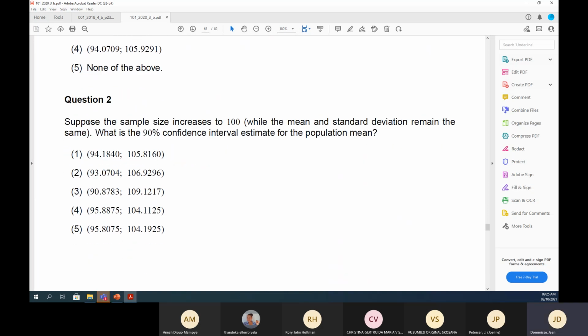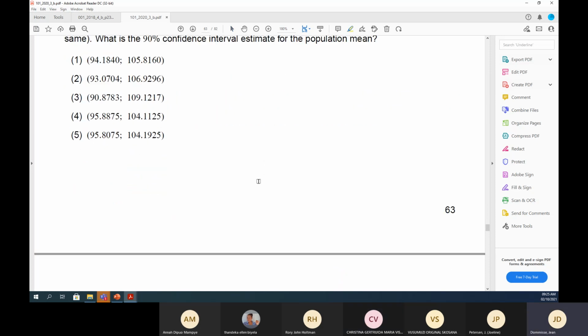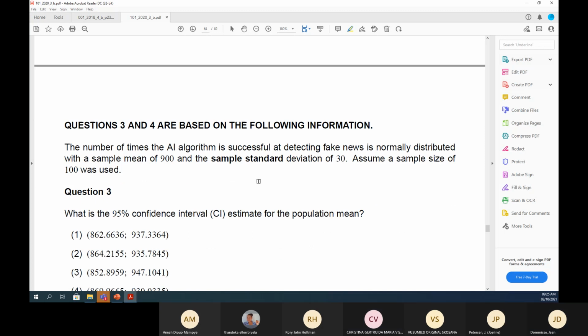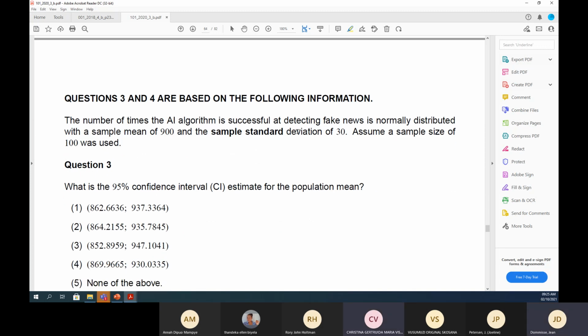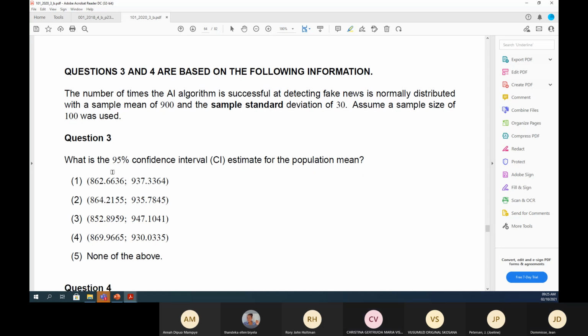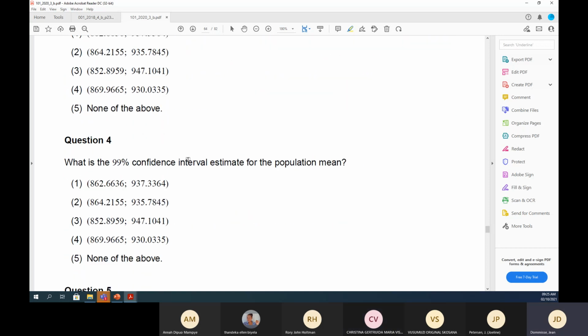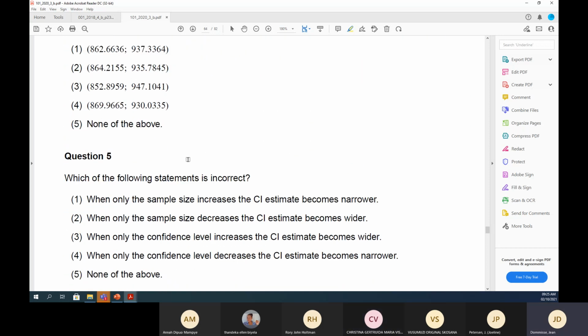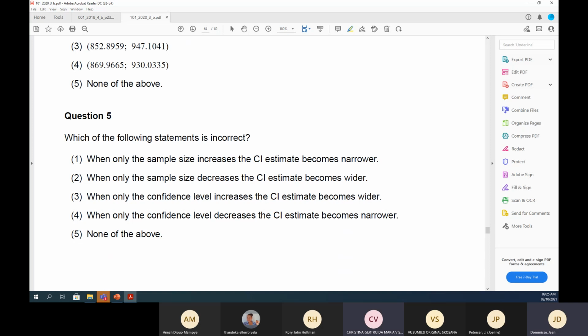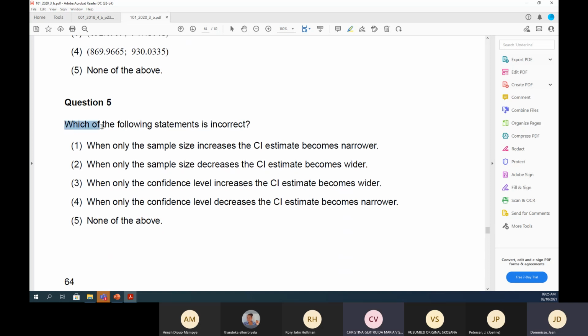Okay, so here again goes the sample size increase. So here was another question.